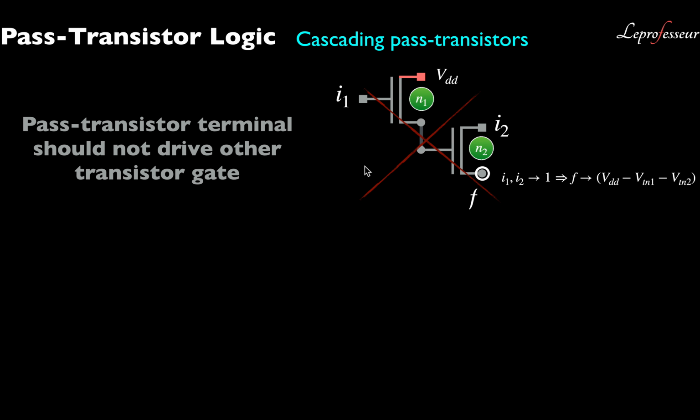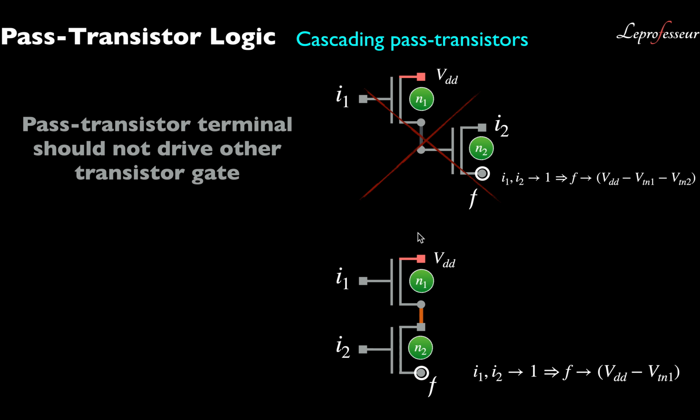So what we can do when we have to cascade is connect terminal to terminal. The terminal of one pass transistor is connected to the terminal of another pass transistor, and the gates will be connected to primary inputs. So we have to keep that in mind. Or in other words, the gate should have a good value, or VDD, a logic high value.